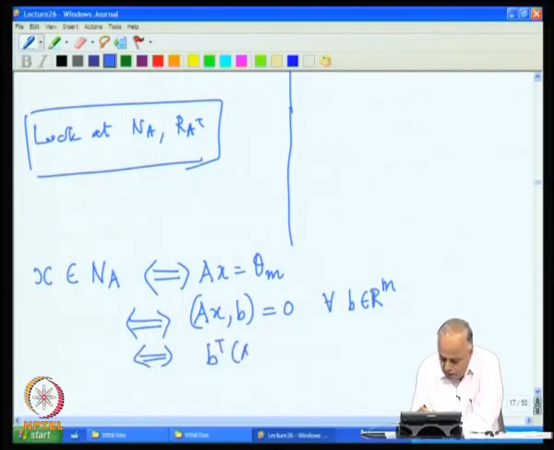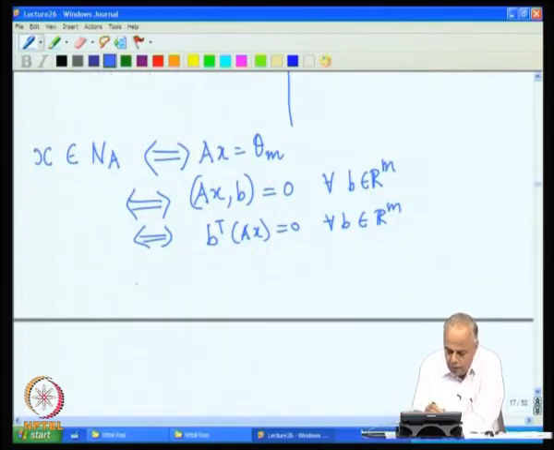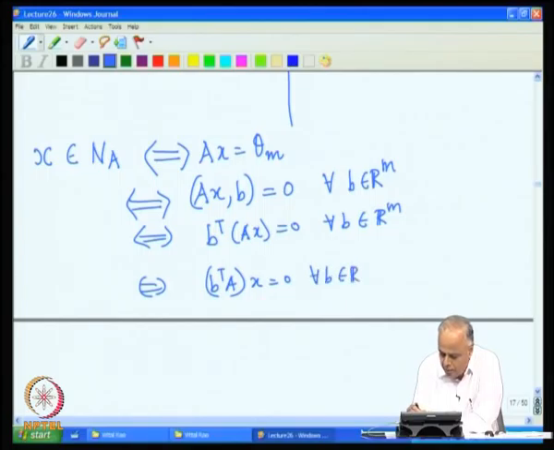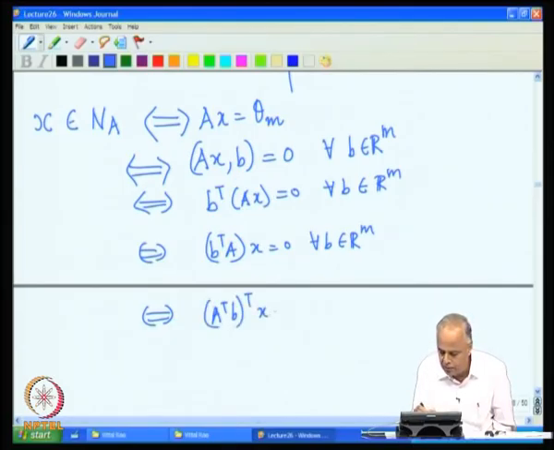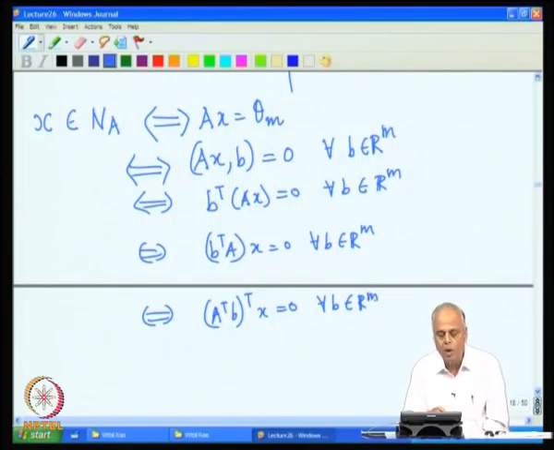It is b transpose Ax must be equal to 0 for every b in Rm. Because matrix multiplication is associative, we can group them as we want. We can write this as (A transpose b) transpose x equal to 0 for every b in Rm. So, what this says is x is orthogonal to all the vectors of the form A transpose b.